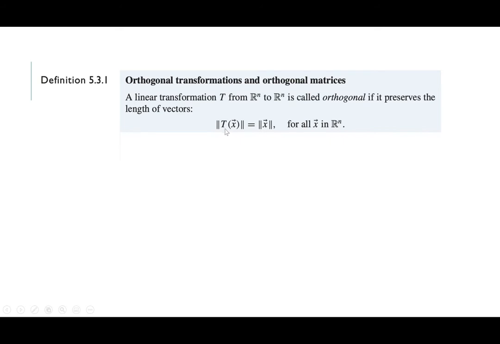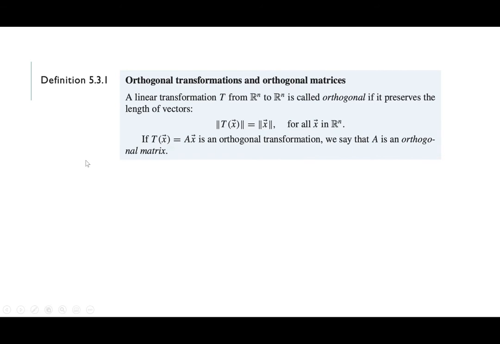the transformation is orthogonal, then the length of T of x is going to be equal to the length of x for every x in your domain. And then an orthogonal matrix is just the matrix representation of an orthogonal transformation. And so one thing that we're going to focus on a lot in this video is just saying, okay, well, if an orthogonal transformation preserves lengths, what can we say about what the matrix representation of that has to look like?